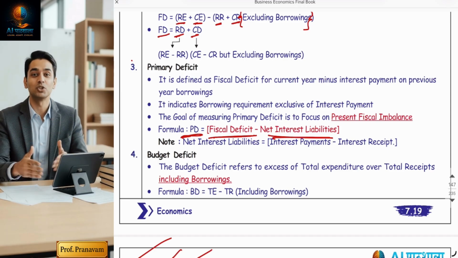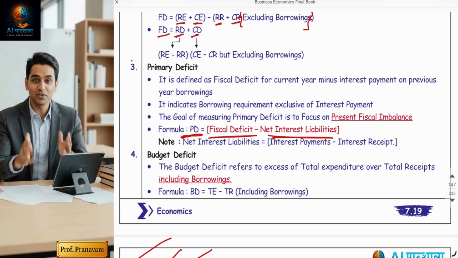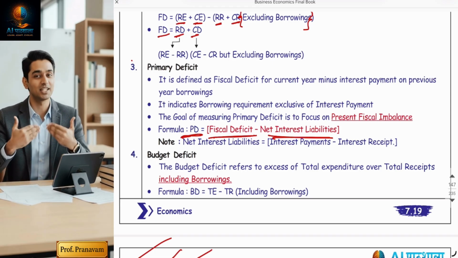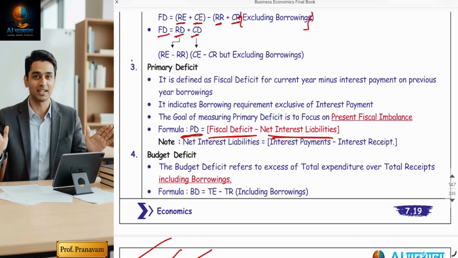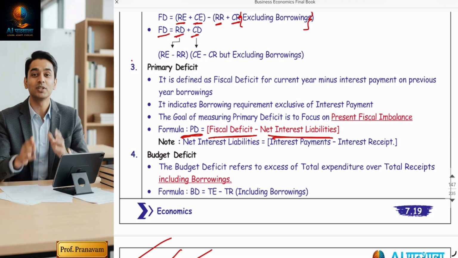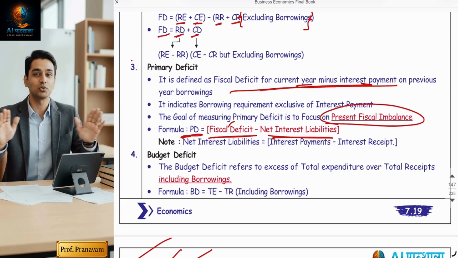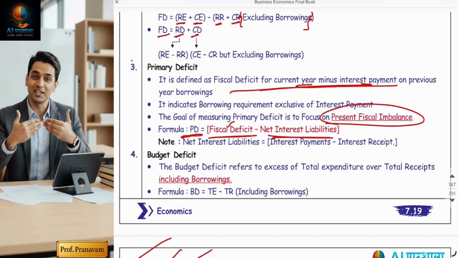That's all. To find primary deficit, you first calculate fiscal deficit and then the interest amount should be reduced. It focuses only on the current financial imbalance, ignoring the past debt burden.